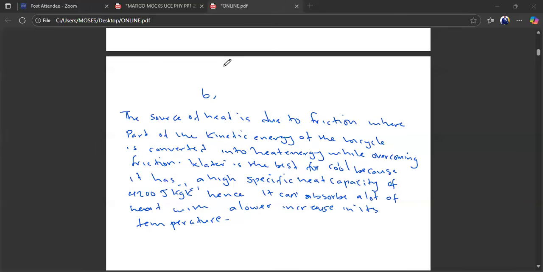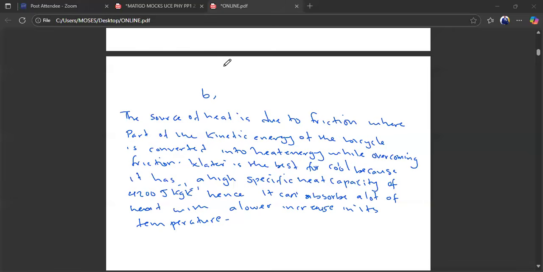The answer should be about high specific heat capacity. Never put the answer as boiling point. I will cancel it, and we shall also cancel it, because we have some other liquids that have a higher boiling point than water, for example mercury. Its boiling point is way higher than the boiling point of water. But we don't use mercury in radiators.